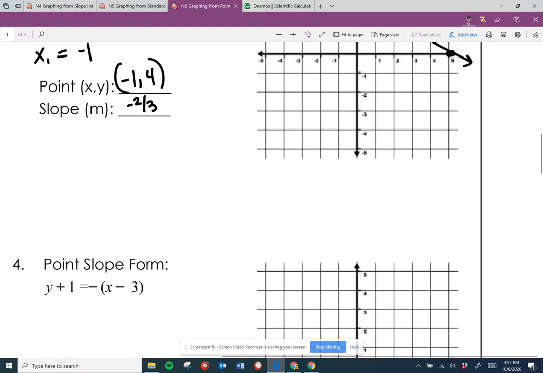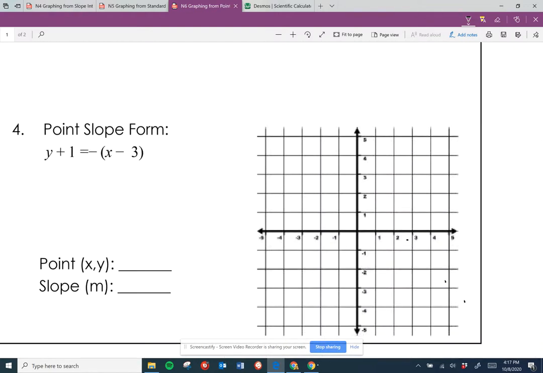Okay, and my last example, let's go ahead and write our formula. Y minus y1 equals m times x minus x1. And we're looking for our y1, our m, and our x1. This is supposed to be a minus in the formula, and it's a plus.